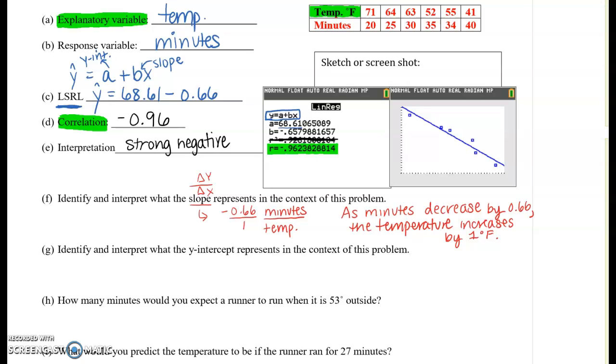Then when we talk about y-intercept, it's always when x equals 0. So this is a point. So your y-intercept is (0, 68.61), where my 0 is my x value, which is temperature, and my 68.61 is my y value, which is minutes.